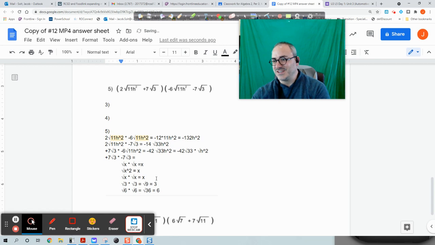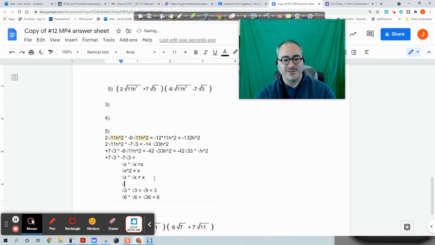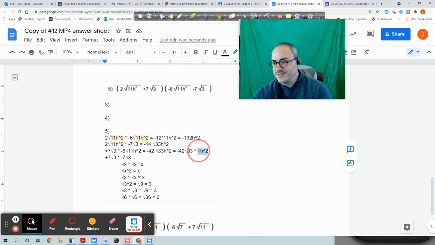Just like if I did radical 3 squared. What's 3 squared? 3 squared is 9. So that would be radical 9, and the square root of 9 is 3. So just to show you what's going on here, this all turns into h, and I can put that h over here. I can do the same thing over here, take this h squared out and just make that an h.